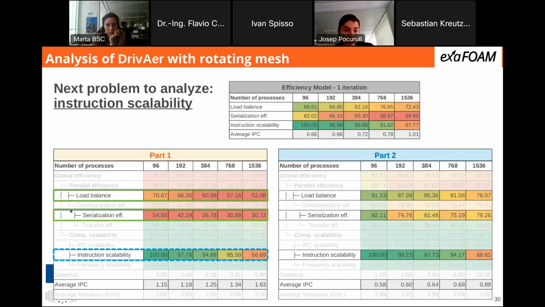So we can say that we also found this problem, and now we are going to analyze the instruction scalability problem.